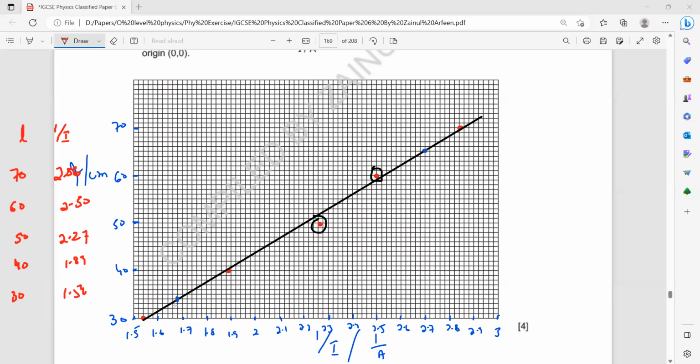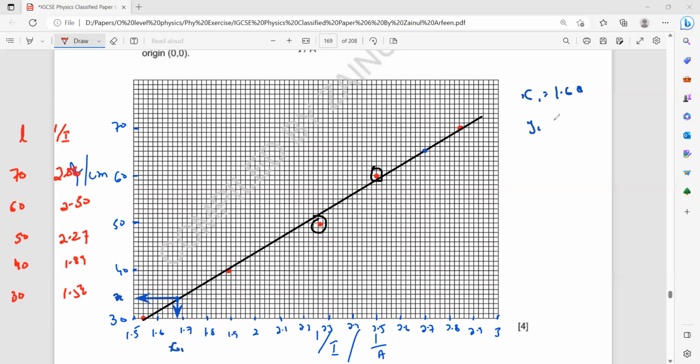So the first point on the x-axis, that is x1. How much is this x1? So x1 is equal to 1.68. What about y1? This is 31, 32, 33, 34.